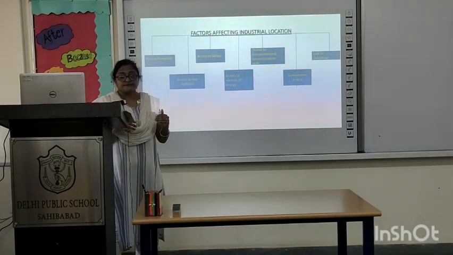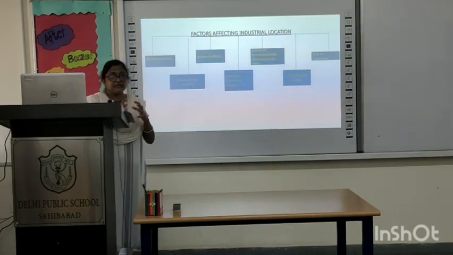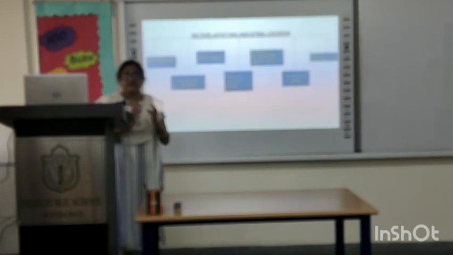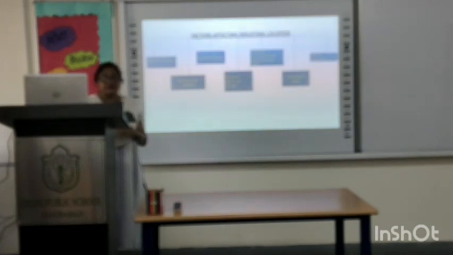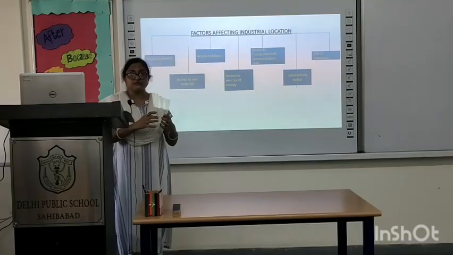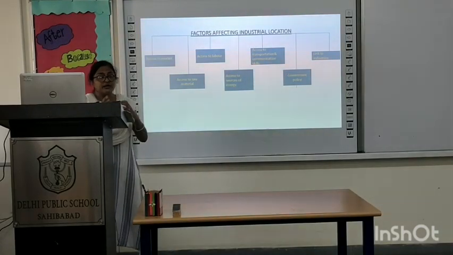Another important factor is access to labor. Labor supply is an important factor in the location of industries. Some types of manufacturing still require skilled labor. Increasing mechanization, automation and flexibility of industrial process have reduced the dependence of industry upon labor.